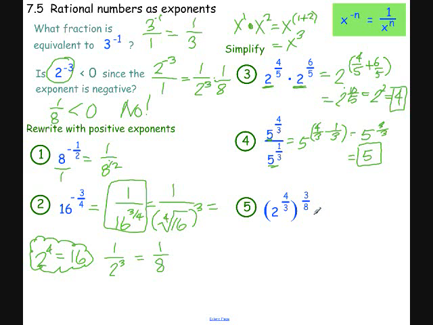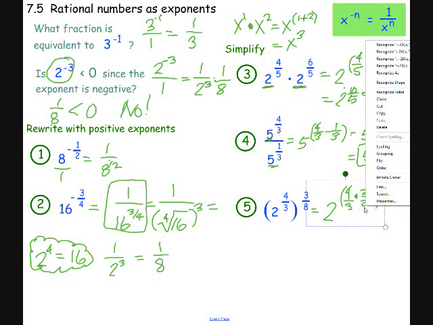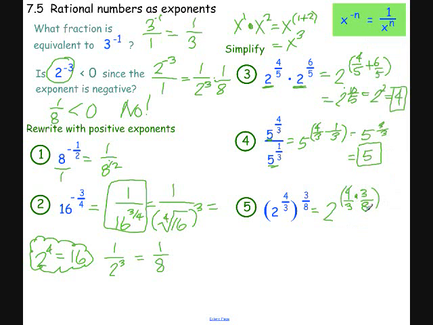Ooh, but look at this. Power of a power. We know we're going to have to multiply those exponents together. So I've got 4/3 times 3/8. Now before I do any multiplication of these, 12/24, I suppose I could, because we know 12/24 is 1/2, but there's some other opportunities here.